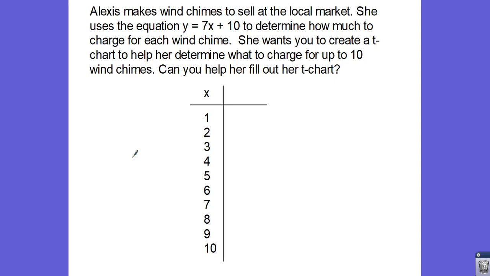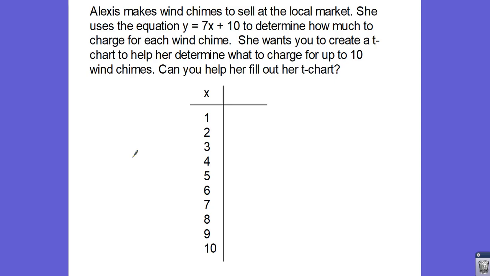Can you help her fill out her T-chart? If somebody comes in and buys one, I know the price would be $7. But what if I had a customer that came in for 5 of them? How much would they be charged?